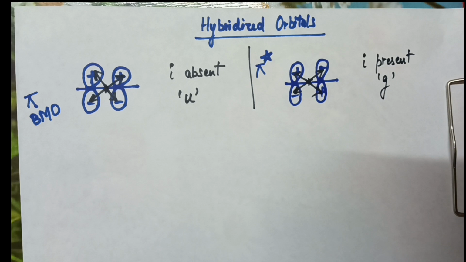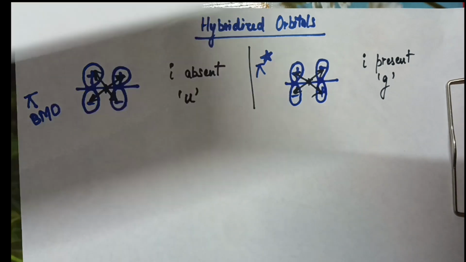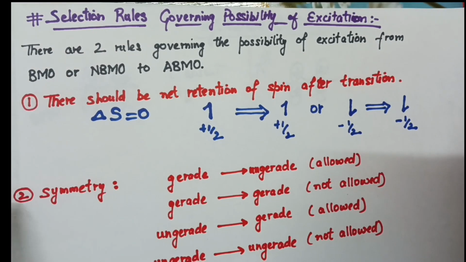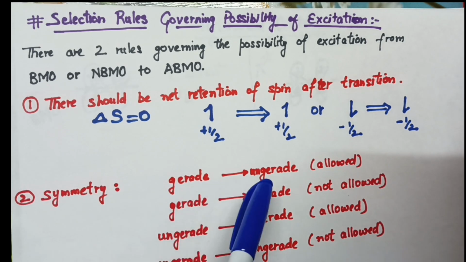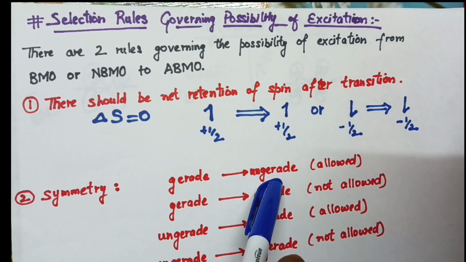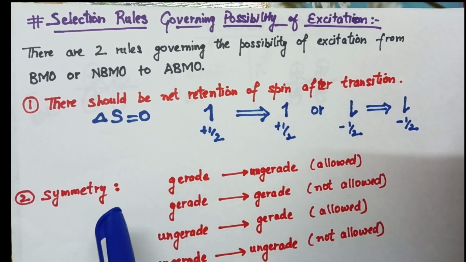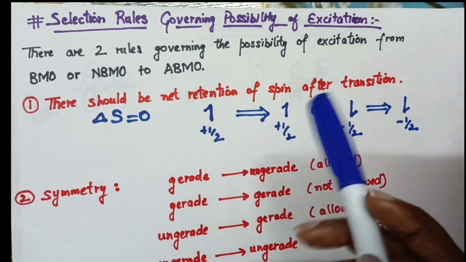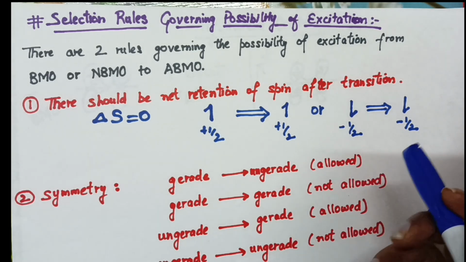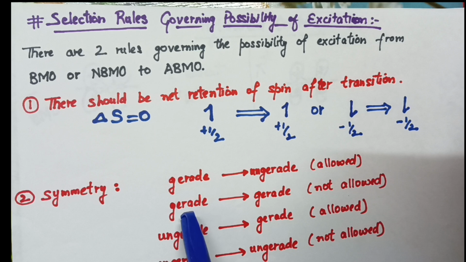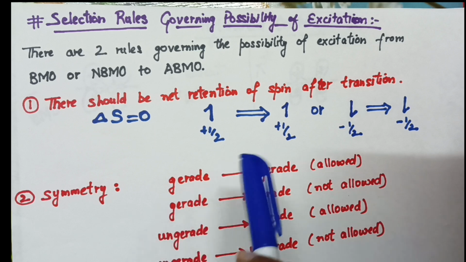Right? Now we will talk about the second rule out of the two rules which we were discussing. These were the two rules for selection, which were governing the possibility of excitation. So first rule we have discussed, this was the second rule. Now we know what is gerade and what is ungerade. So transition will be allowed if the symmetry before and after transition is not the same, sorry.